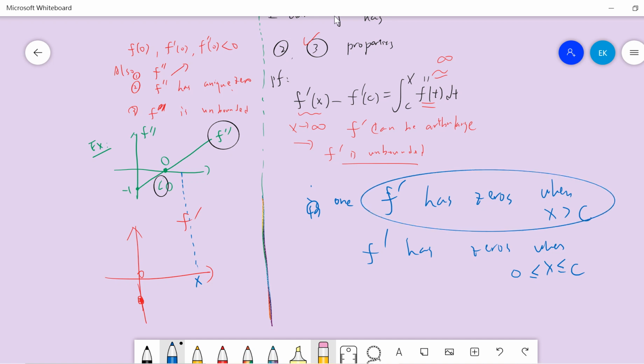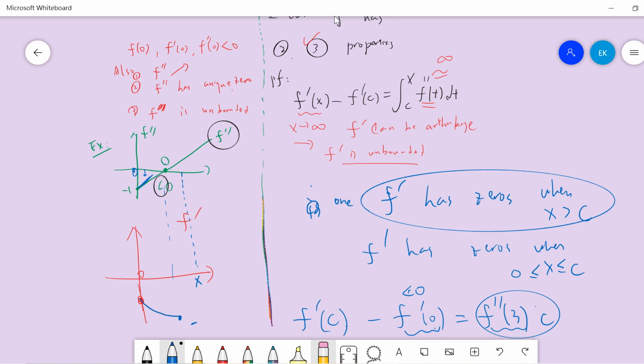The reason is that f'(C) minus f'(0) will equal f'' at some point between 0 and C times C, and f'' is negative between 0 and C. So basically this tells that this term is negative and this term is negative, so f'(C) must be negative, and f'(C) also needs to be smaller than f'(0).